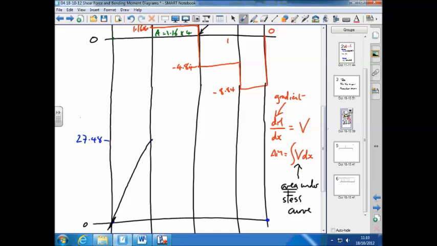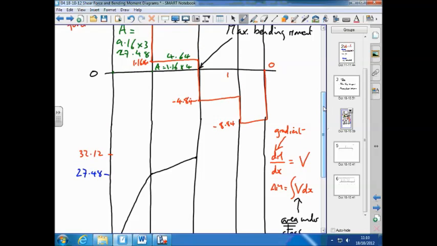So I reach 32.12 at this point. So the moment increases again at the rate of the shear, which is 1.16 for 4 meters. Do you remember us saying that this is the point of maximum bending moment? There's my maximum bending moment, 32.12 at this point.